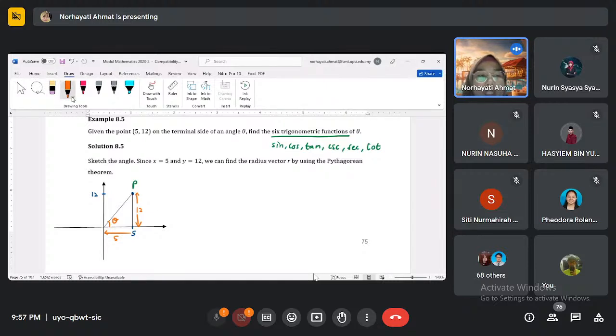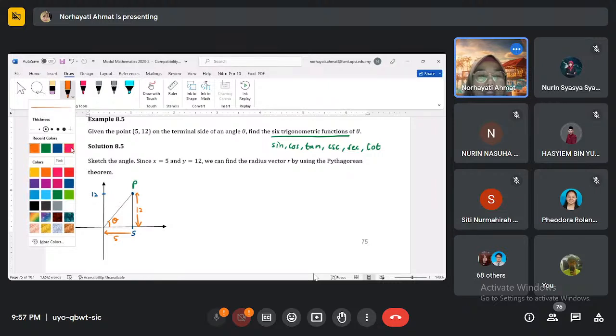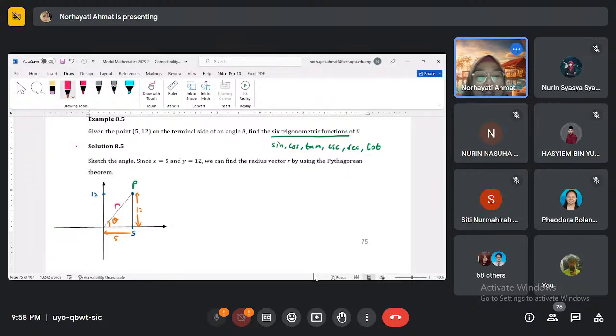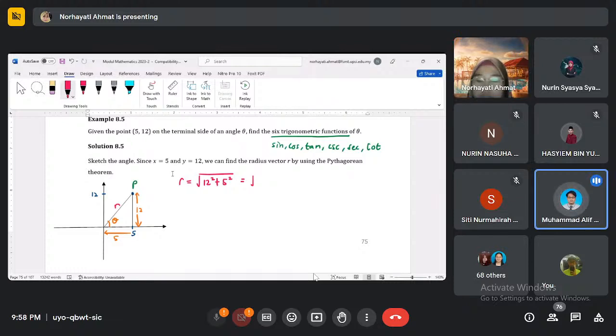So where is the radius, class? Kat mana radius dia? Dekat sini lah, the hypotenuse. Kita gunakan konsep theorem Pythagoras. R is equal to square root of 12 squared plus 5 squared. Give us berapa, kelas? 13.